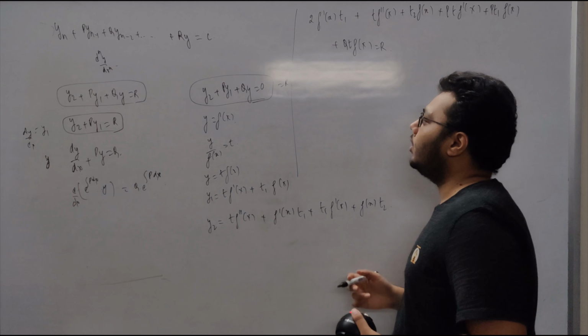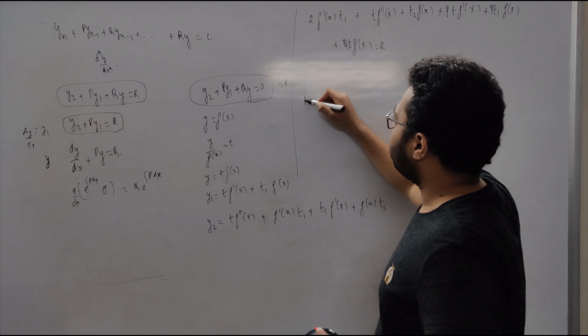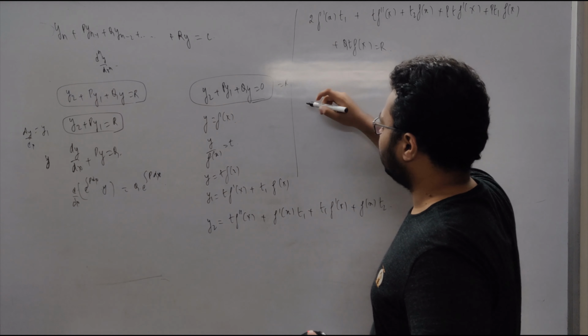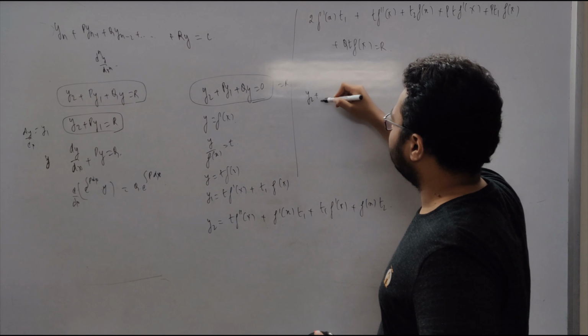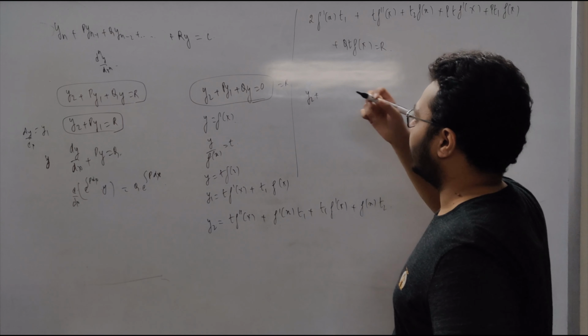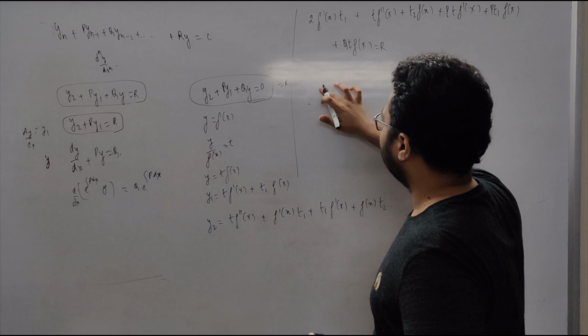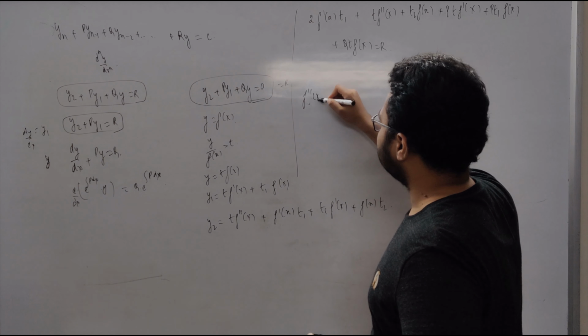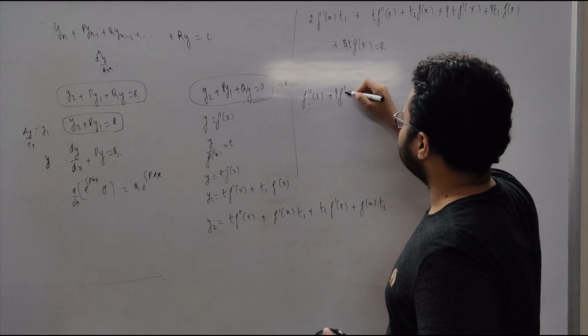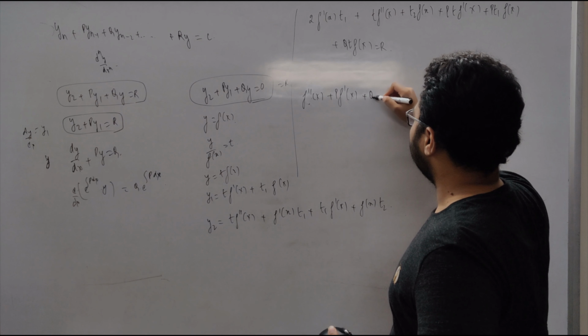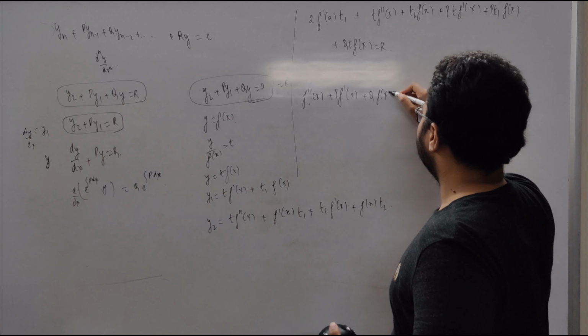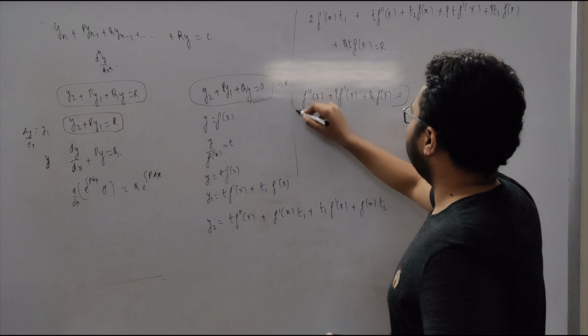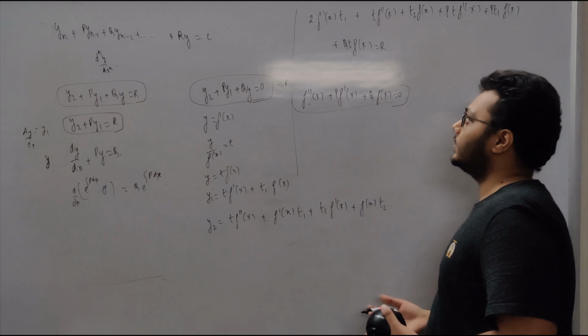Now we already know that y2, that is f double dash x, plus p f dash x plus q fx is 0. We know this, and we know this by guessing.